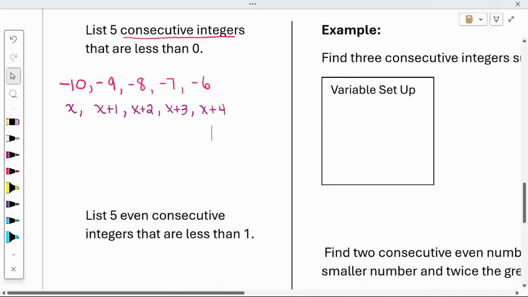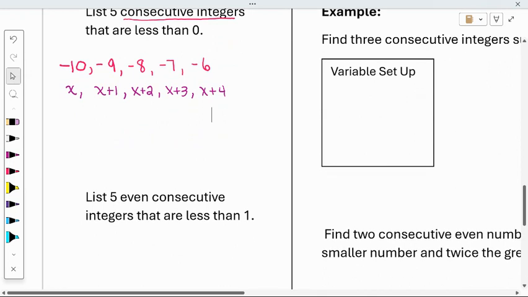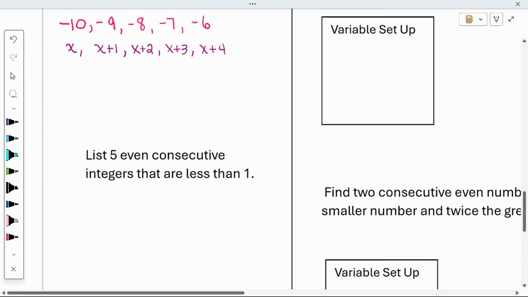What about listing 5 consecutive integers that are less than 1? Less than 1. What's a number that's less than 1? Okay. So what if I started with negative 4? What would the next one be? And the next one? And the next one?